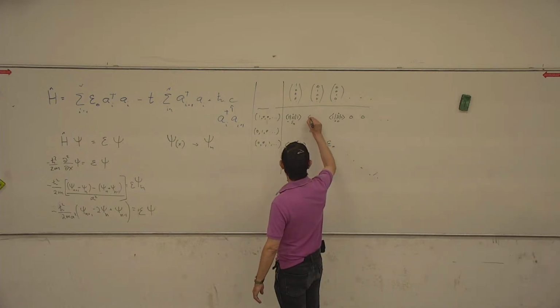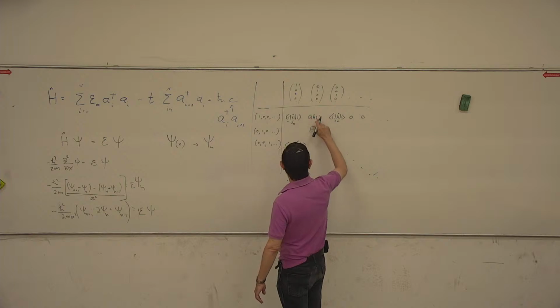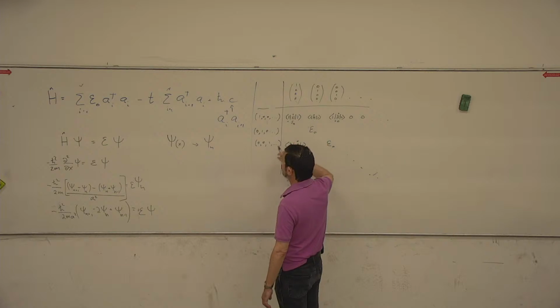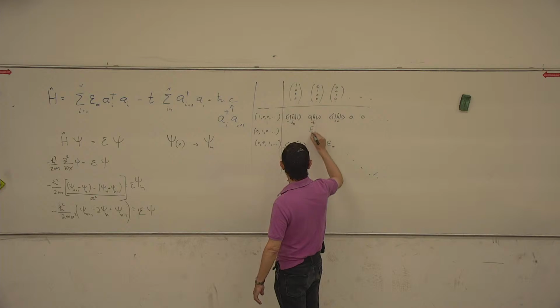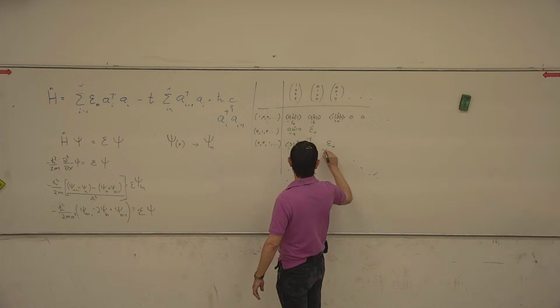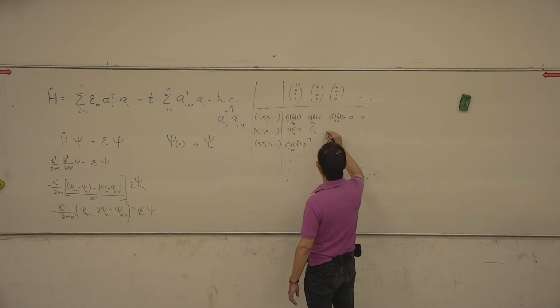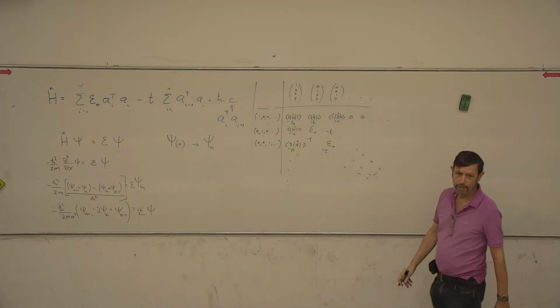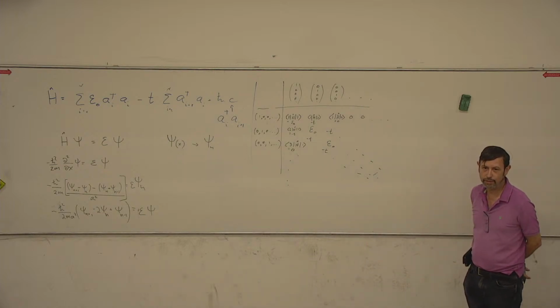Okay, so 1 H 2 will give me minus T. Here, of course, so I get a tri-diagonal matrix.